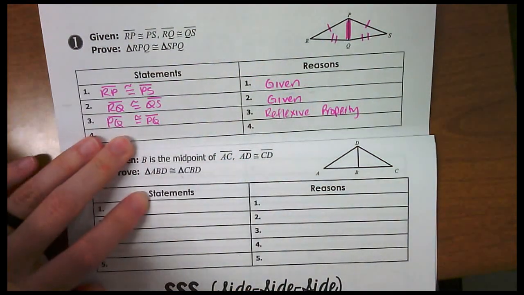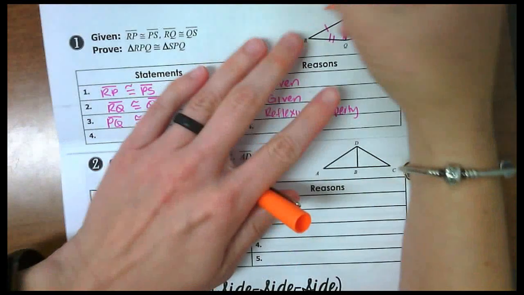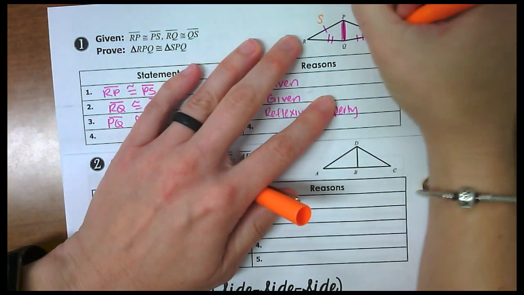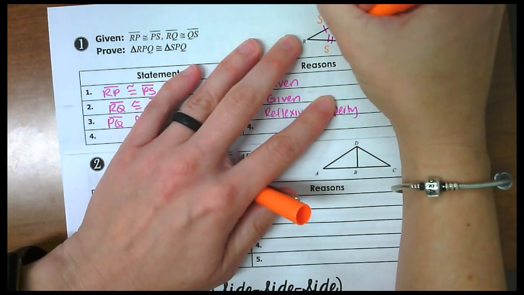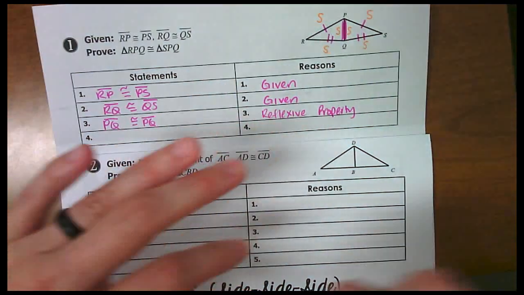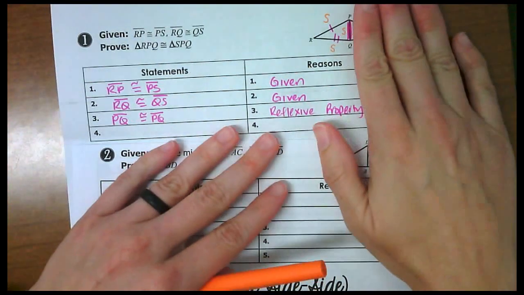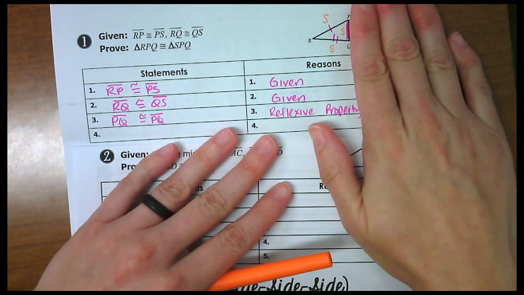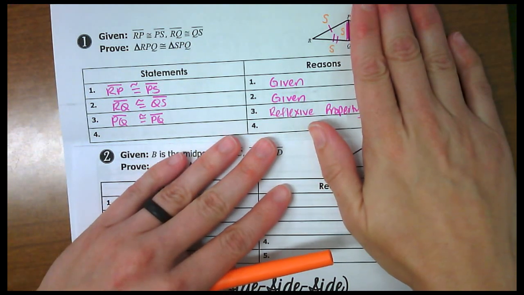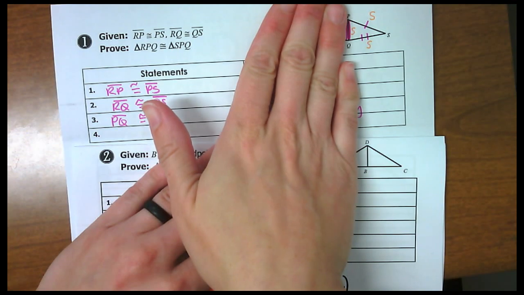Okay, so sometimes it's helpful to mark your triangle. This one's pretty obvious because we're dealing with all sides, but some people like to mark the triangles with S's for sides and A's for angles. When we look at one triangle at a time, we see that we have 3 S's here and we have 3 S's here.